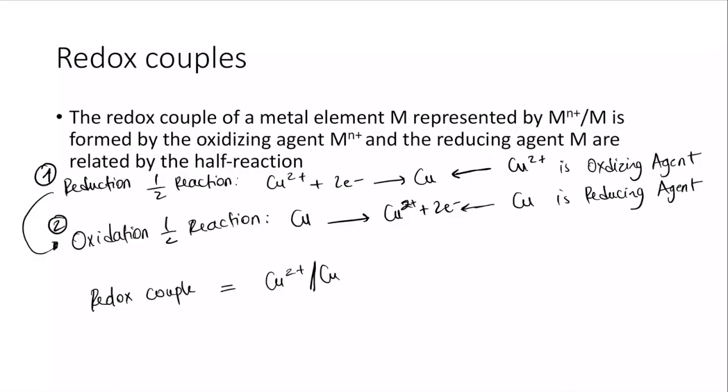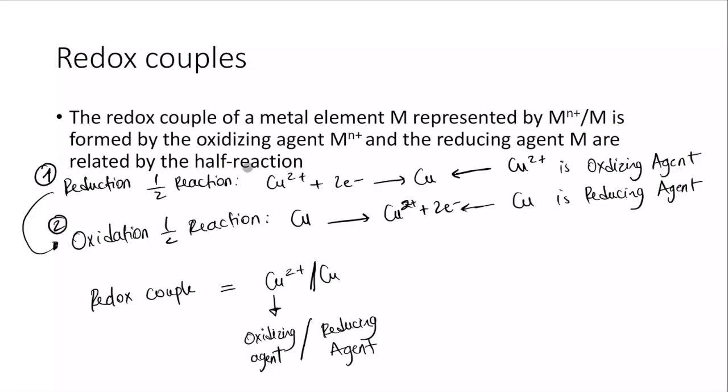We start with the oxidizing agent, Cu2+, and then slash the reducing agent. As simple as that. So the redox couple of a metal element M, represented by Mn+/M, is formed by the oxidizing agent Mn+ and the reducing agent M, which are related by the half reaction.